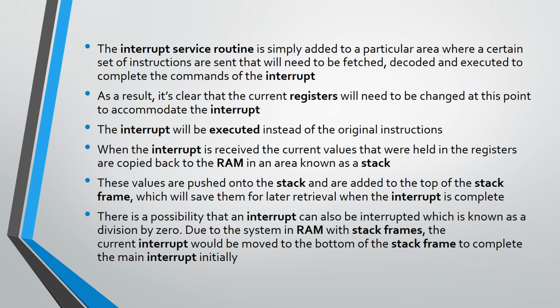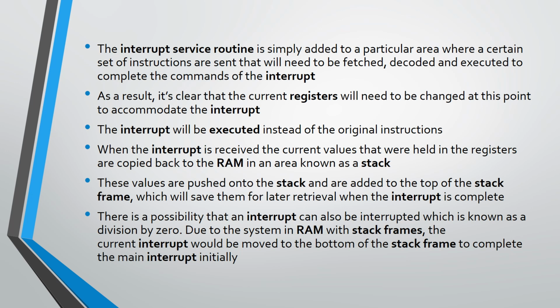When the interrupt is received, the current values held in the registers are copied back to RAM in an area known as the stack. These values are pushed onto the top of the stack frame, which saves them for later retrieval when the interrupt is complete.